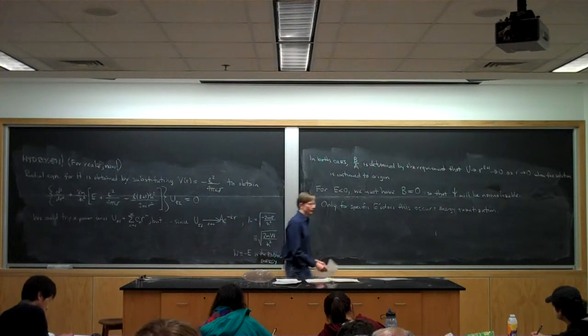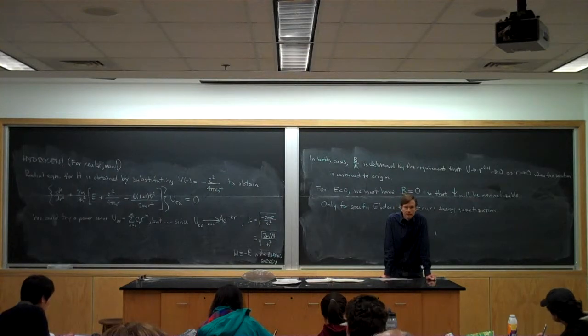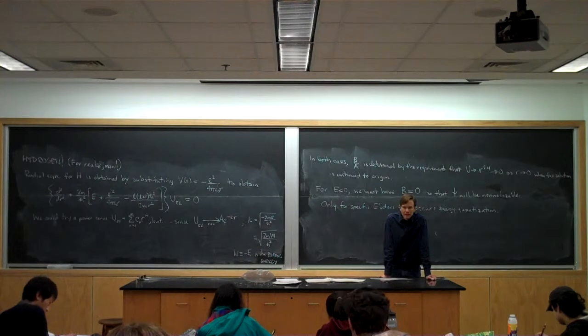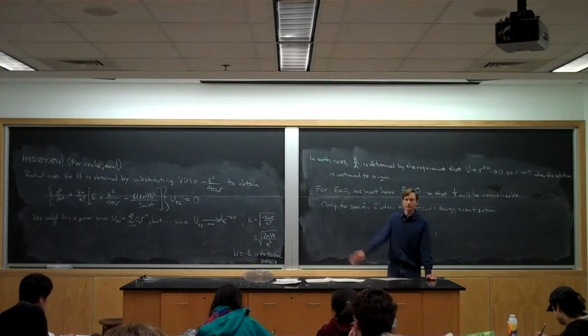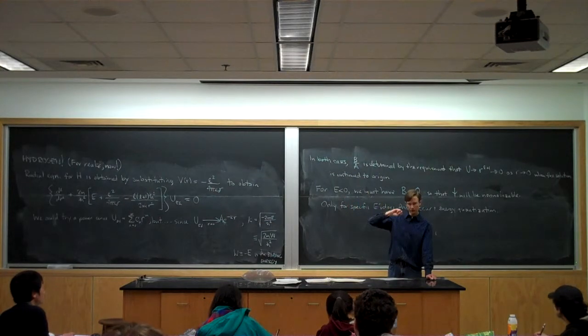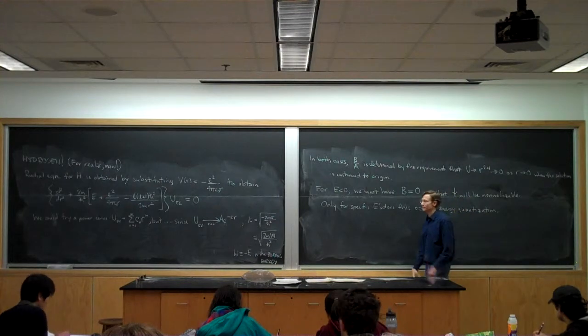So in other words, what is the energy of the ground state of hydrogen? It's minus 13.6 electron volts. That means the binding energy is 13.6 electron volts. The binding energy is how much energy it would take to strip the electron off, to just barely ionize it, to remove the electron. So the binding energy is minus the energy.